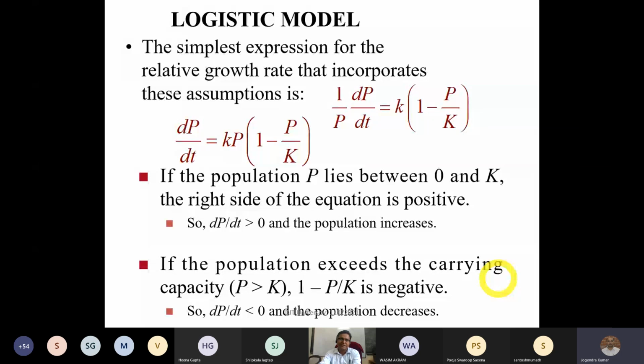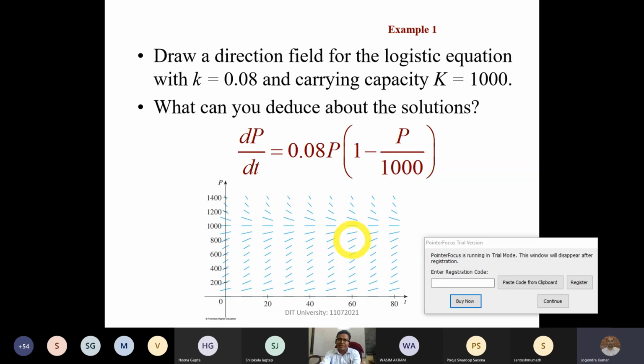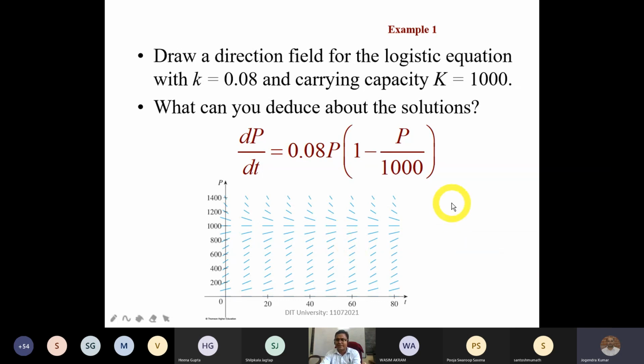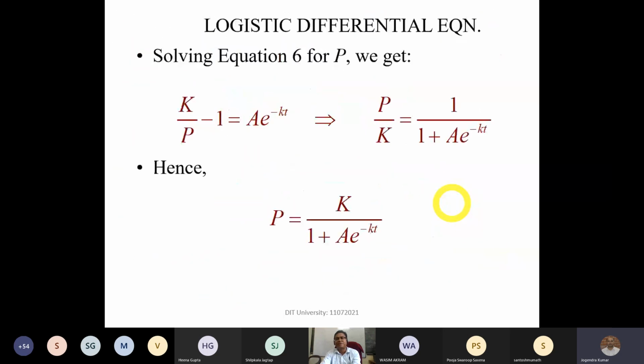This is the logistic model, right? dp by p dt equals k into 1 minus p by K. The whole explanation is here, and you can just read it. But how can you use this in your real world problems?